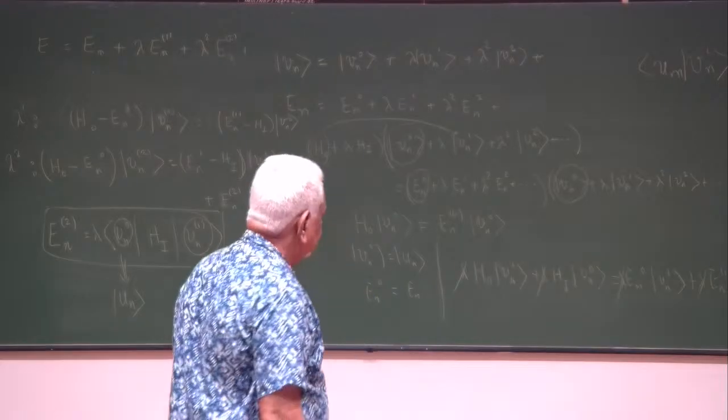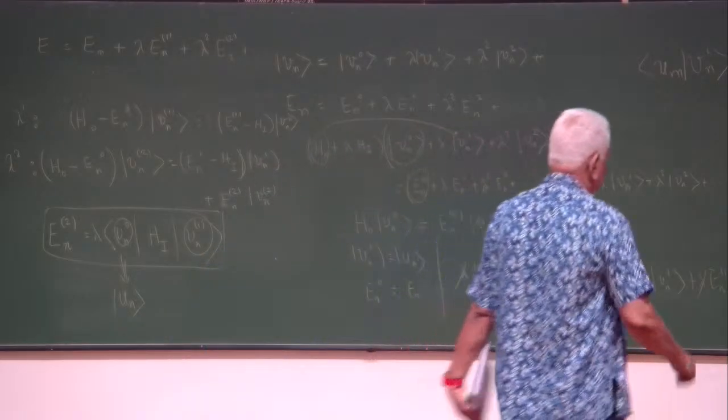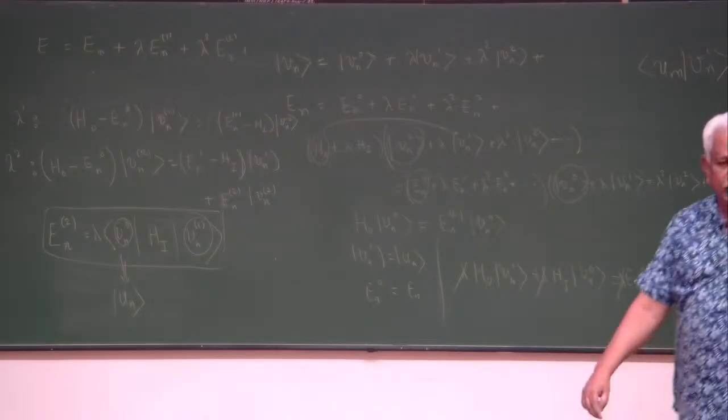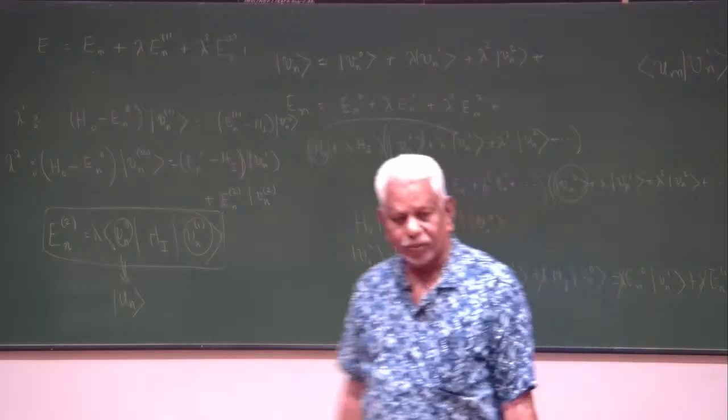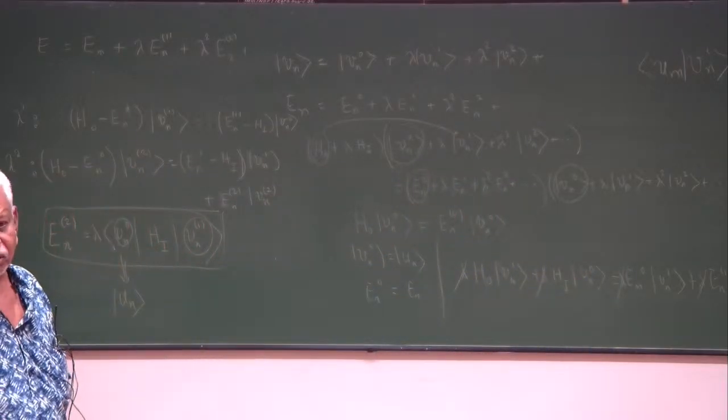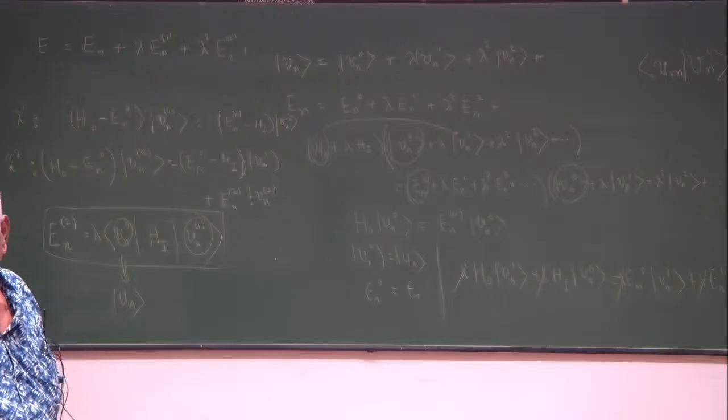So this quantity which you have here for the ground state is always negative. The second order correction is always negative for the ground state. So this is a simple result which follows from what is called time independent perturbation theory.